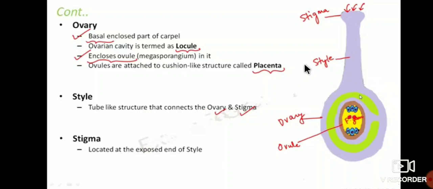Style. This is called as style. In this one, tube-like structure that connects the ovary and stigma. This style, the tube-like structure will be there like a water pipe. Very small, fine structure will be there.